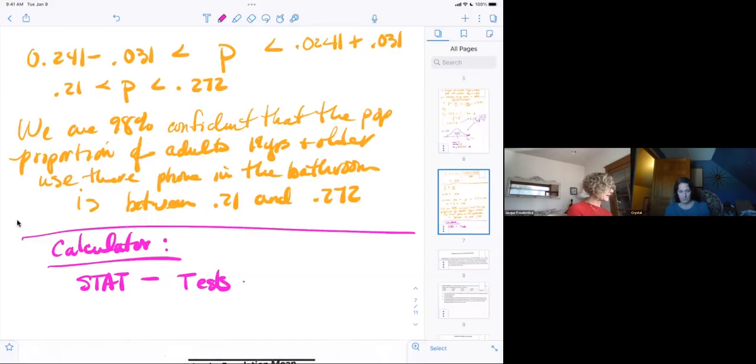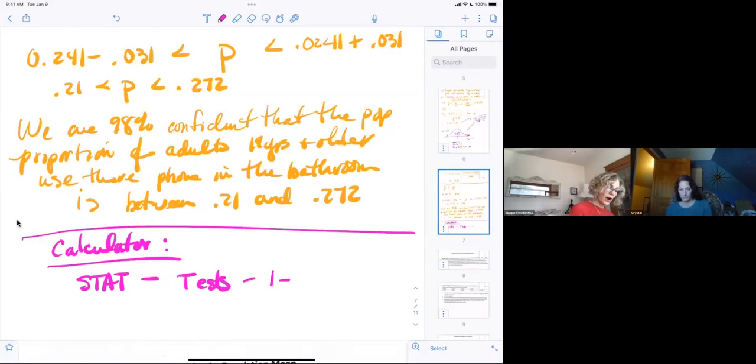Then on that menu, you would choose the interval option. I've got to find it. You have to arrow down. Oh, there it is. On the tests, we want interval.